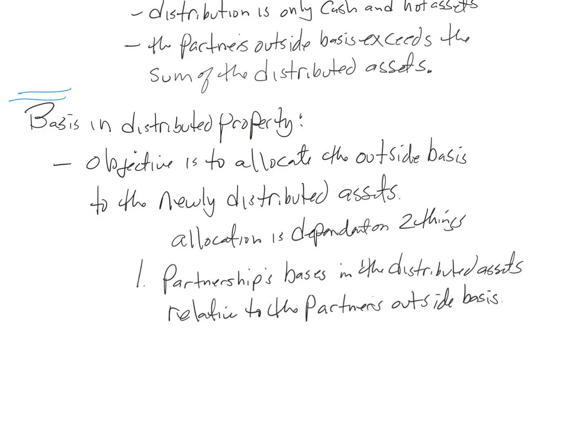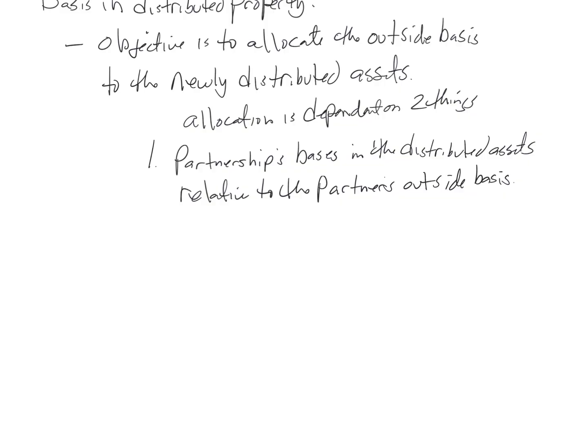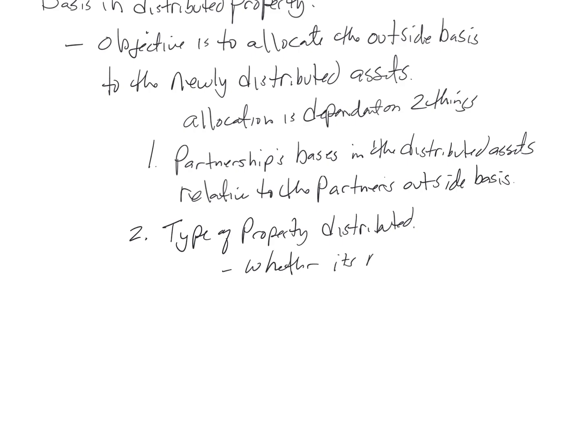Okay, so that's the first thing. And then the other thing is the type of property distributed, whether it's money, or hot assets, or other property.